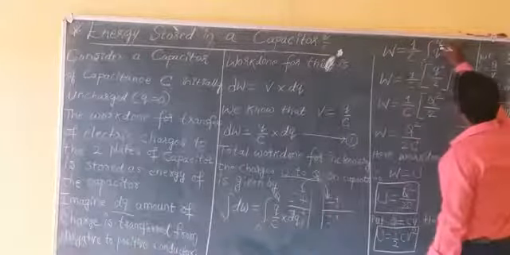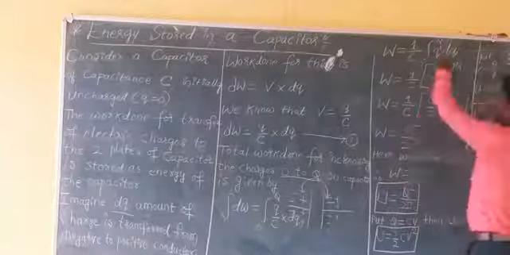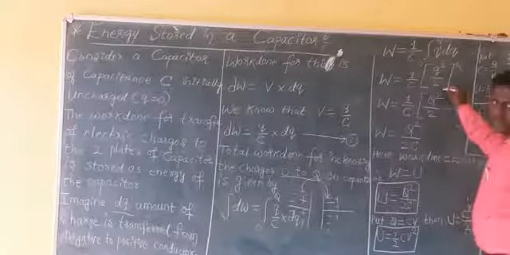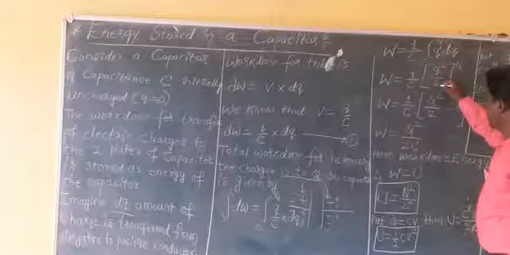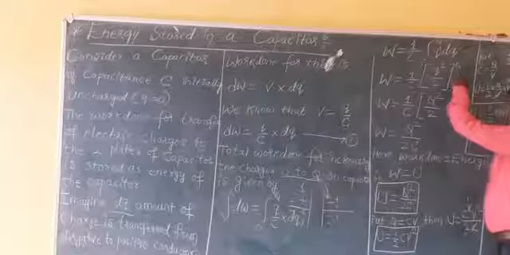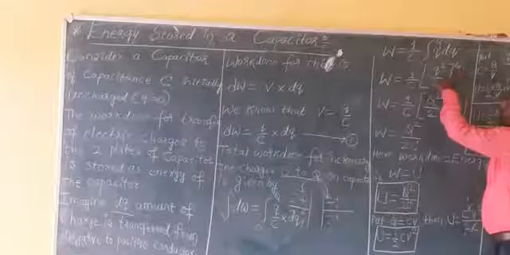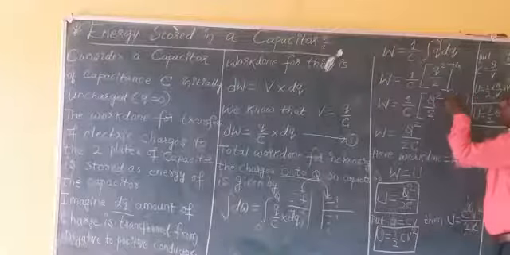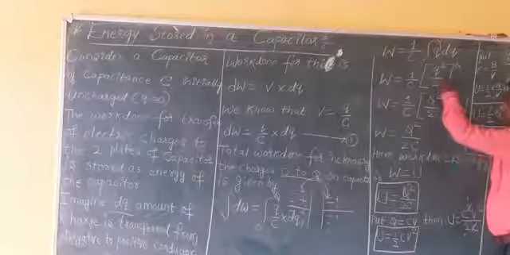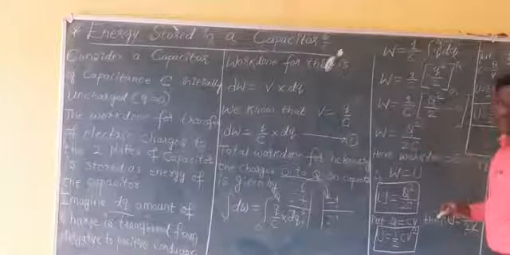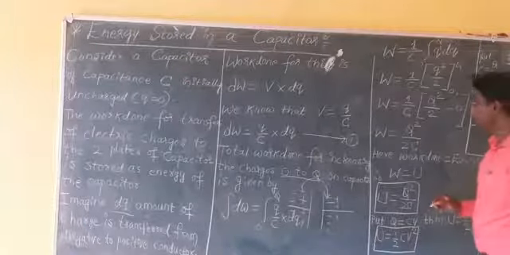Here Q to the power 1 is there, so Q to the power 1 plus 1 by 1 plus 1, that is Q square by 2, from 0 to Q. Now using the limits: in place of q, capital Q is used, Q square by 2 minus 0. So W equals Q square by 2C.